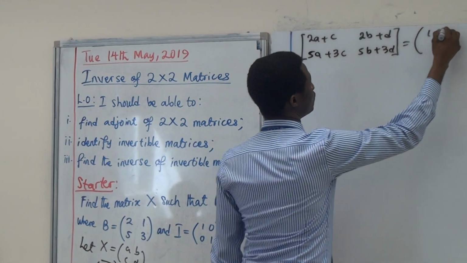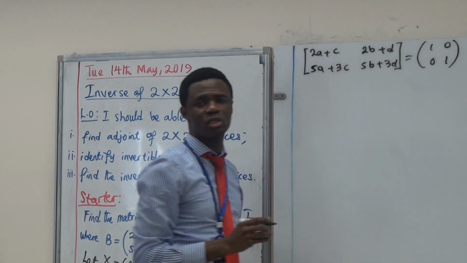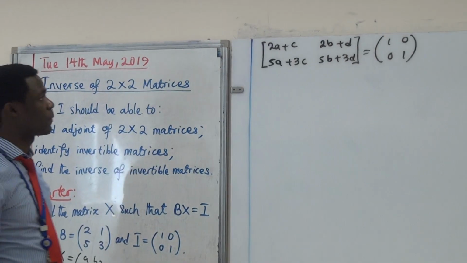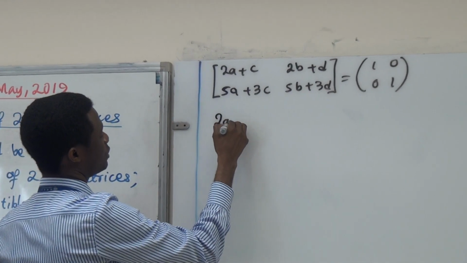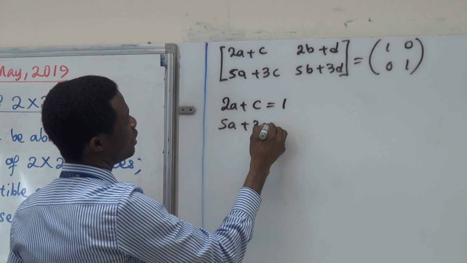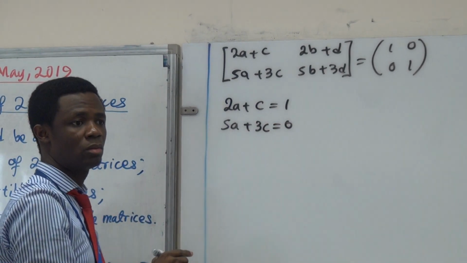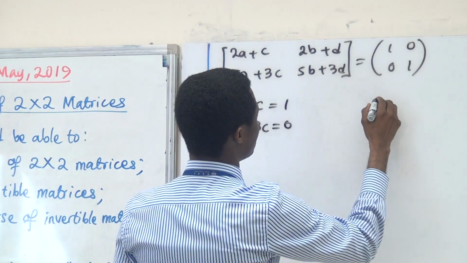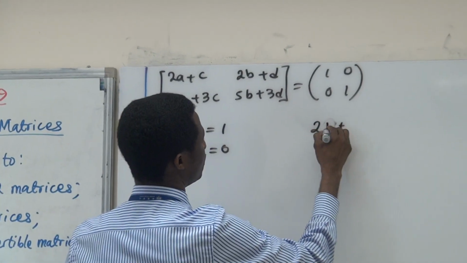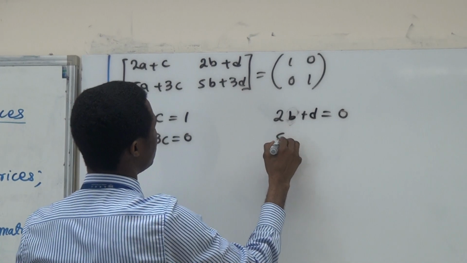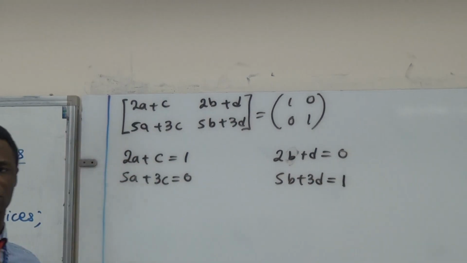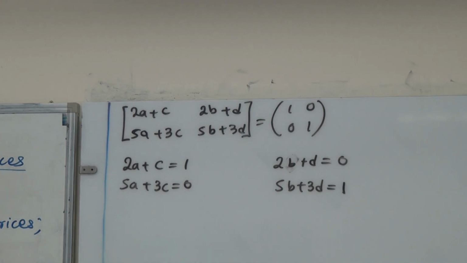And everything is 1, 0, 0, 1. So what does this tell you? Simultaneous equations: 2a plus c equals 1, 5a plus 3c equals 0. Then another set of simultaneous equations: 2b plus d equals 0, 5b plus 3d equals 1. So you have two simultaneous equations to solve.